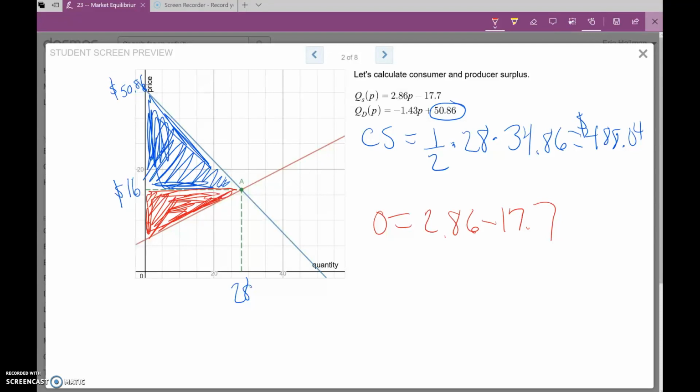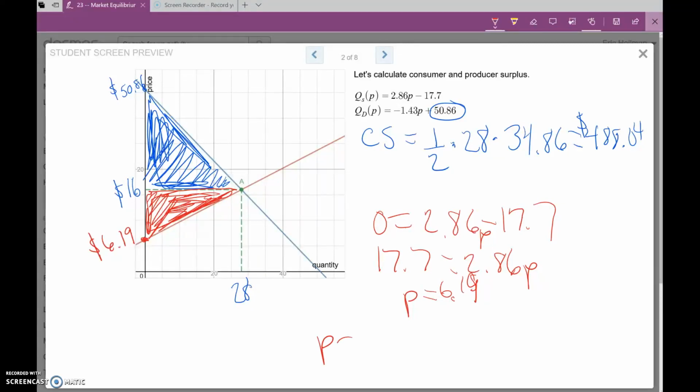All right, we're going to have to fix some stuff. Okay, so you move 17.7 over here. It was 2.86 P. Divide both sides by 2.86. You get that the intercept price is 6.19. So this is at 6.19.